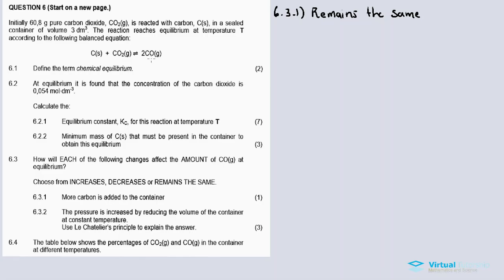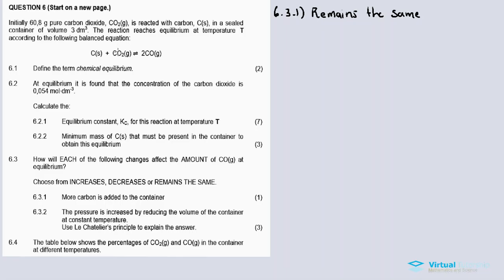So from 2 to 1 it's a decrease. The side with fewer moles will be favored, so the reverse reaction is favored, since it has fewer moles than the forward reaction.